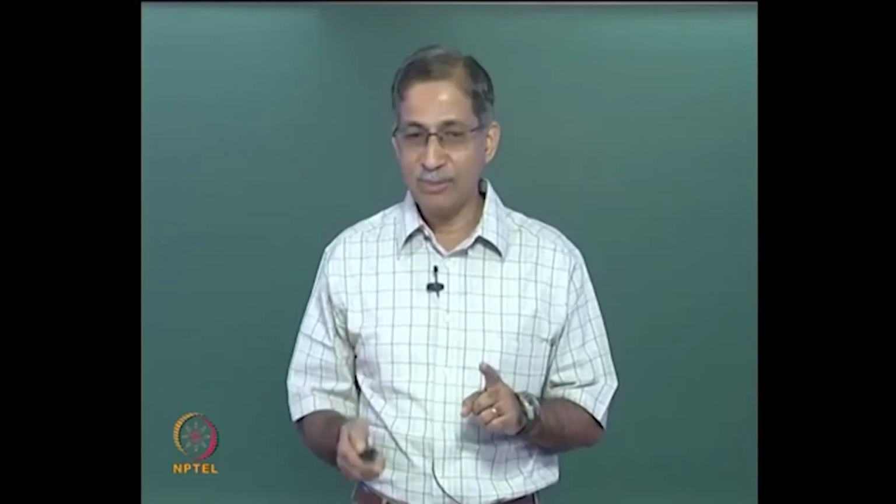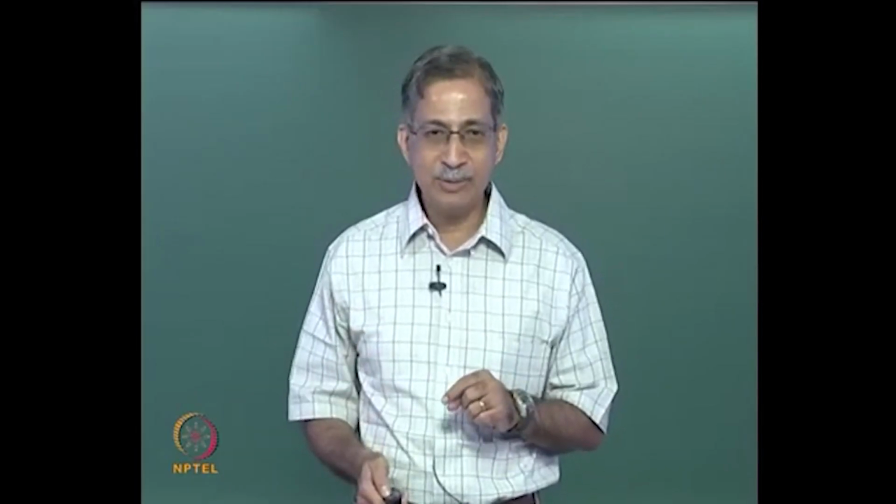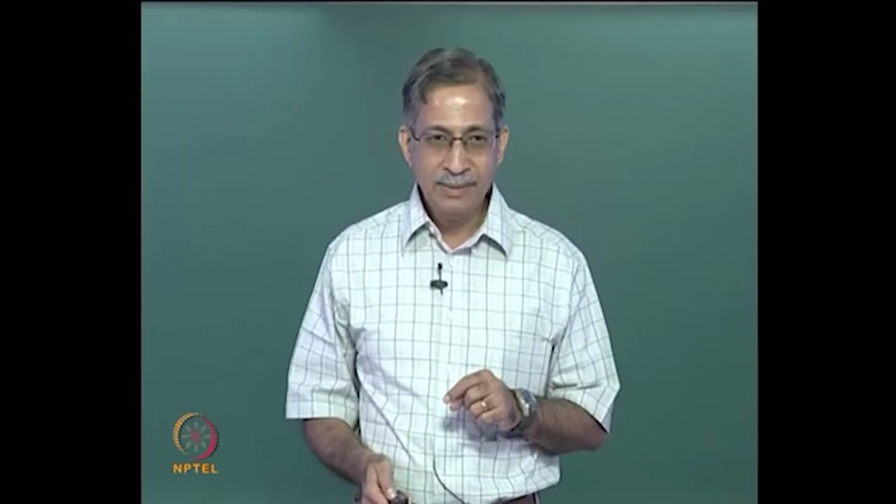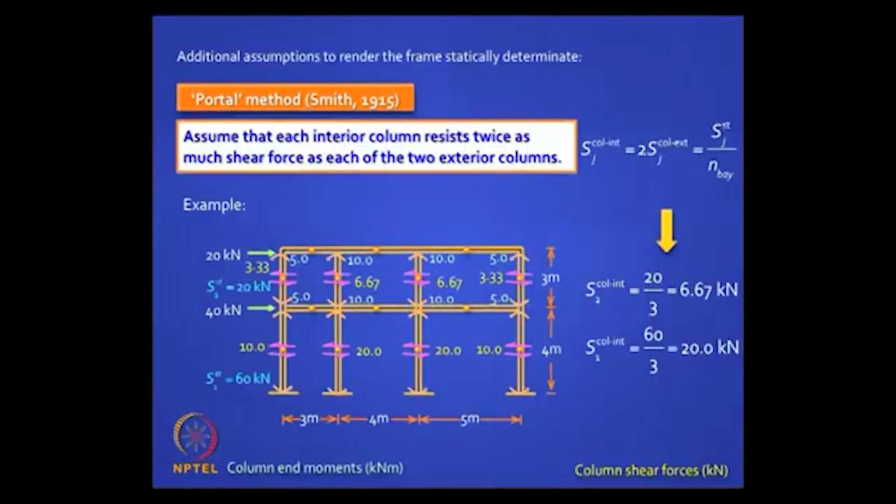So you have to do only one calculation and then multiply by 2. How much does it work out to? 3.33 into 3 by 2 is 5, 6.67 into 3 by 2 is 10. Is it clear? So you get 5, 5, 10, 10, 10, 10, 5, 5 in a minute. Any questions?